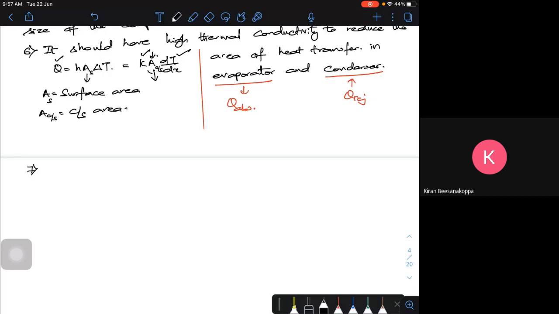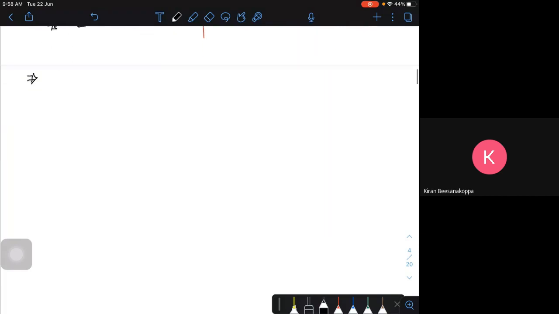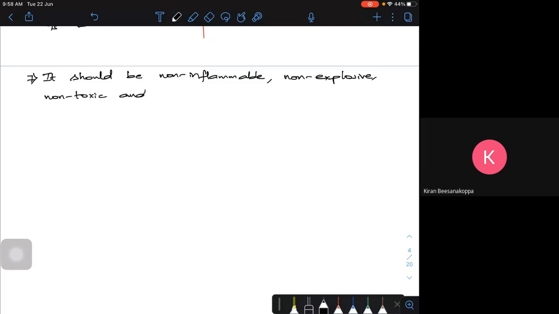It should be non-explosive. It should be non-toxic and non-corrosive. All these things it should have. Let me write that. A refrigerant should be non-inflammable, non-explosive, non-toxic, and non-corrosive.